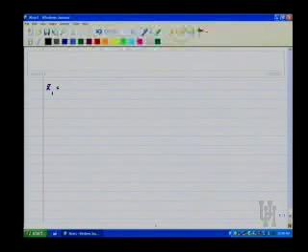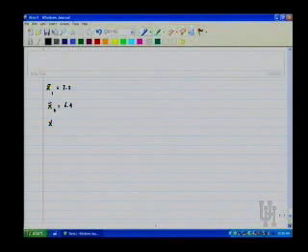Let's assume that the mean of group 1 is 7.2, that the mean of group 2 is 6.4, and that the mean of group 3 is 3.6.